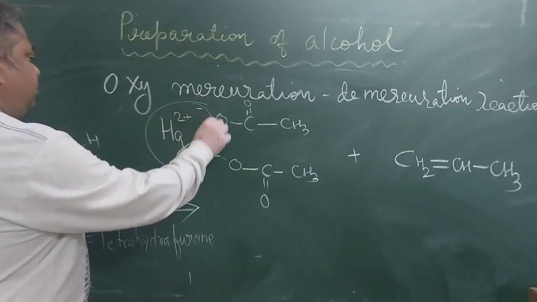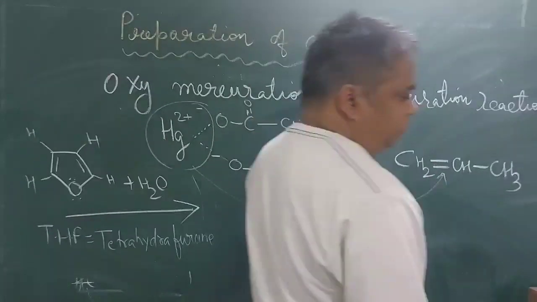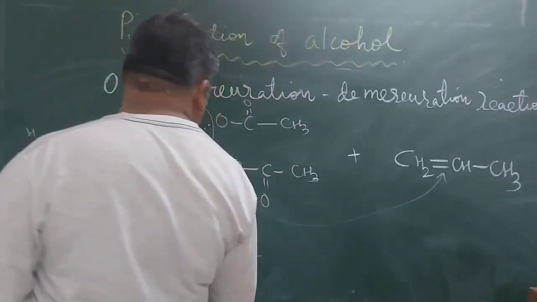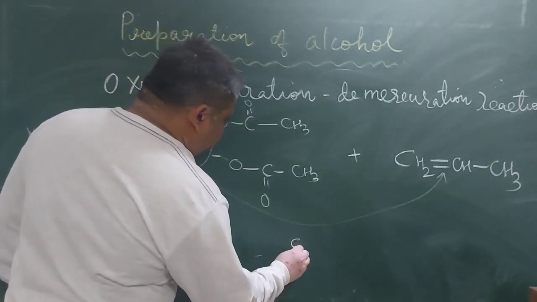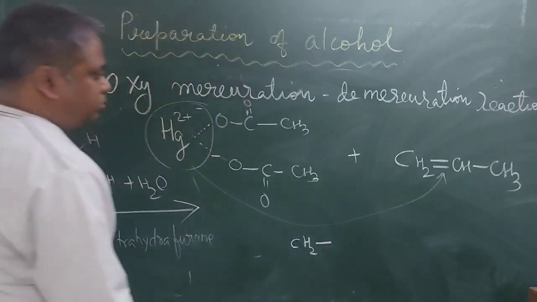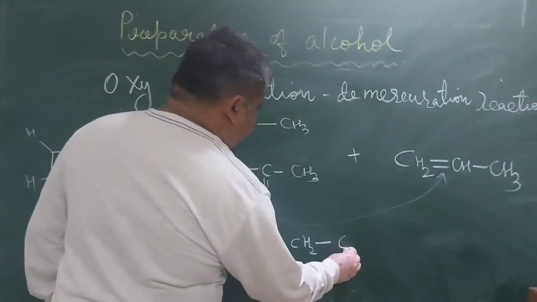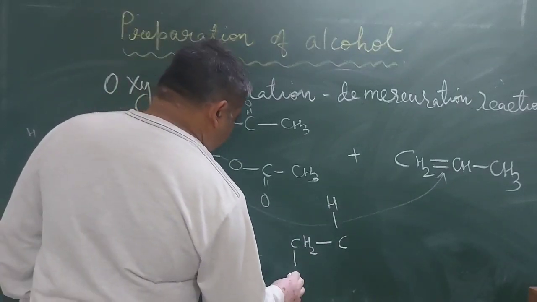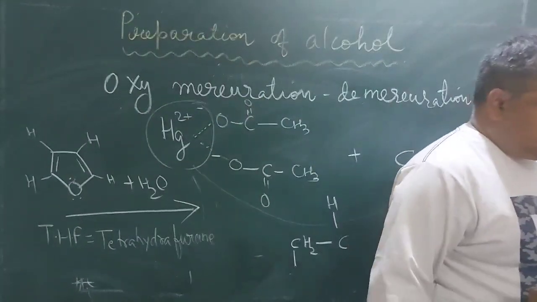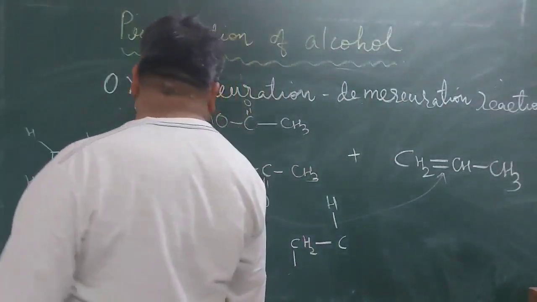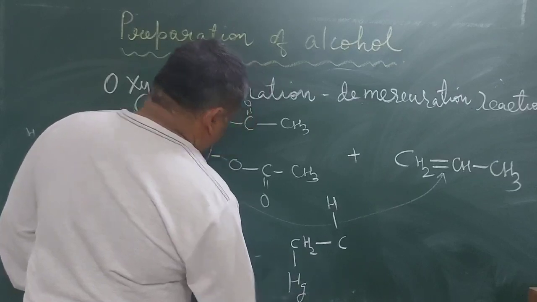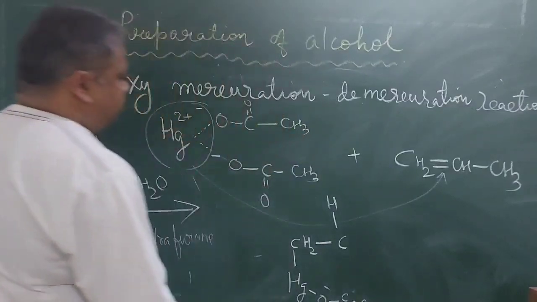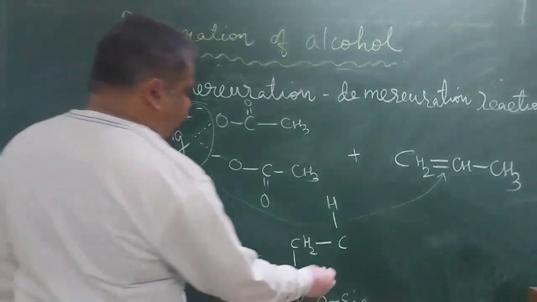So the electropositive part feels attracted towards the pi cloud, and forms CH2 CH, this side Hg, O minus CO CH3, and this side comes OH.